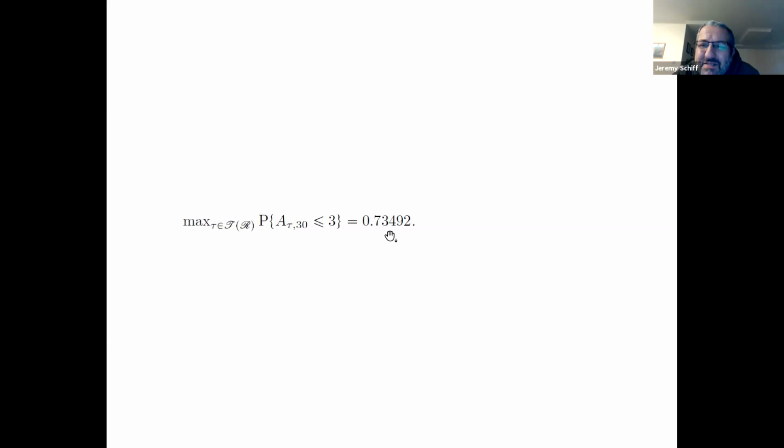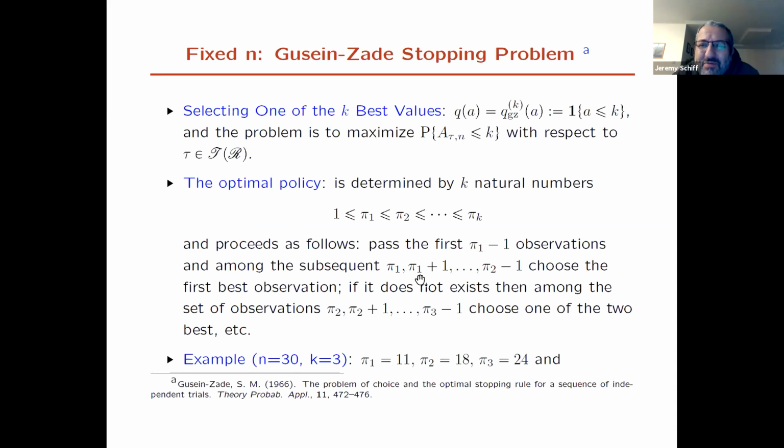Can I ask, this is to pick one of the k-best? Exactly, one of the k-best. Is the problem of picking all of the k-best also solvable? Okay, the problem of picking all 3 best, I need to discuss at the end. We cannot solve this problem by this method, because it can only be solved case by case.